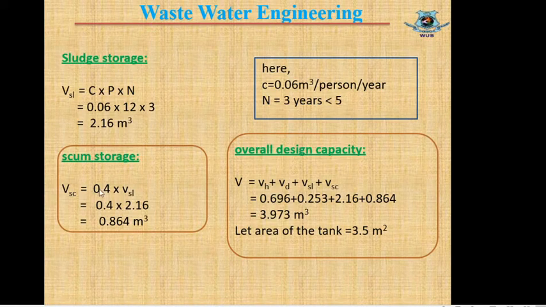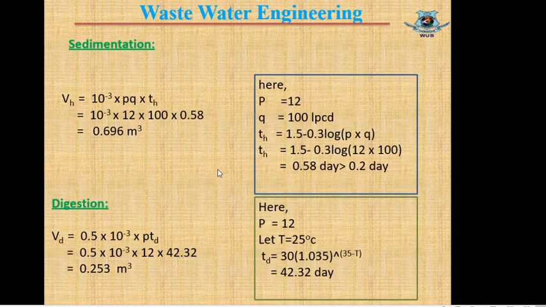Now all 4 volumes are calculated. If we sum all these 4 items, that means VA, VD, VSL and VSC, we will get the total volume of the tank.